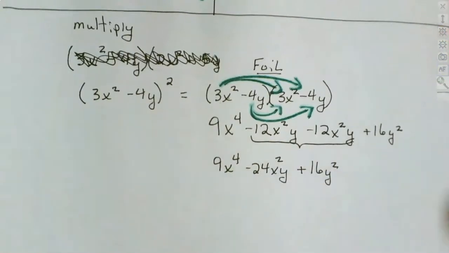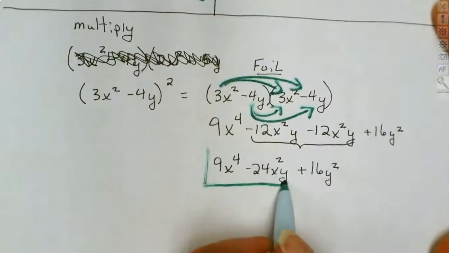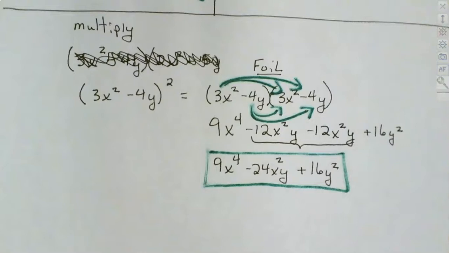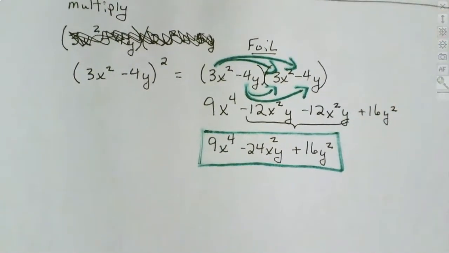And that's as far as we can possibly go. How do we know we're done? Nothing can be combined together. All the parentheses are gone. We don't want any parentheses left. So I wrote it out twice, and I FOILed. Exponents, what do we do? Add together. So those exponents add when we multiply.